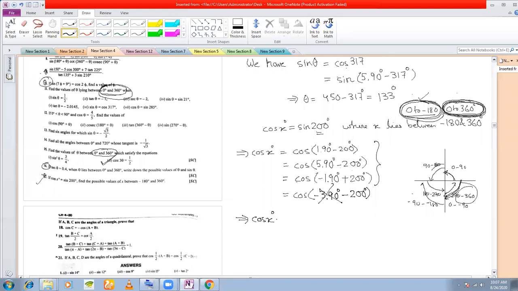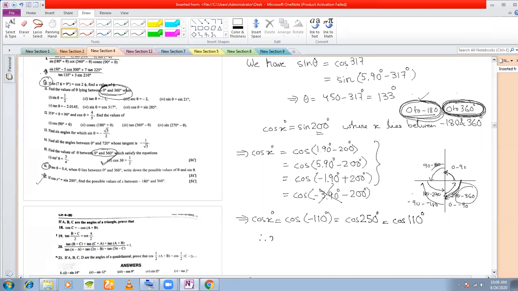So therefore, what are the solutions? Cos x degree is equal to cos of 90 minus 200, which is minus 110 degree, equal to cos of 5 into 90, 450 minus 200, which is 250 degree, and this is cos of 200 minus 90, which is 110.